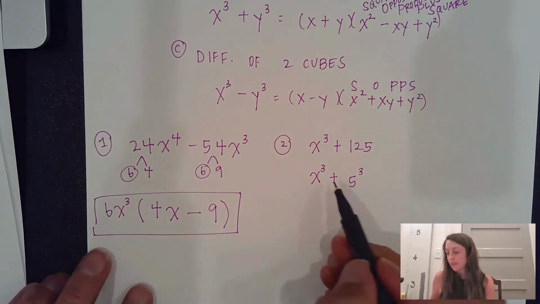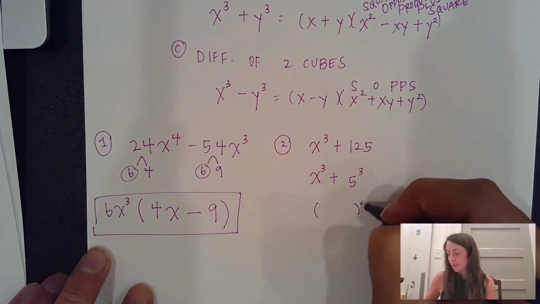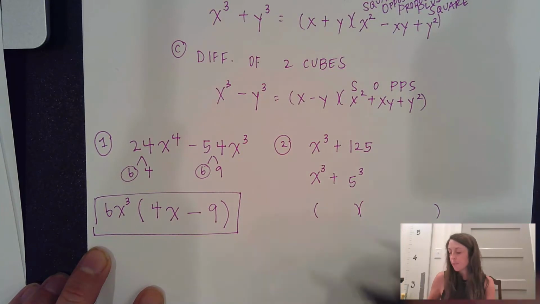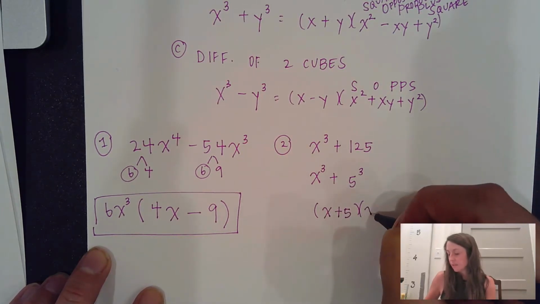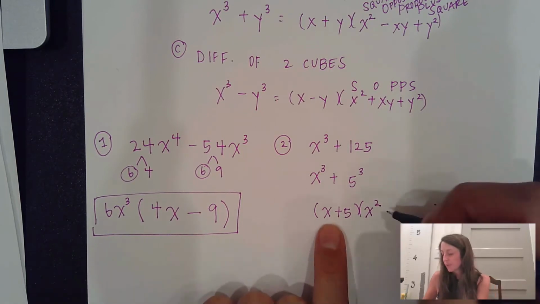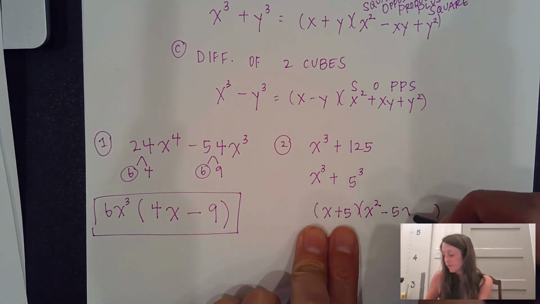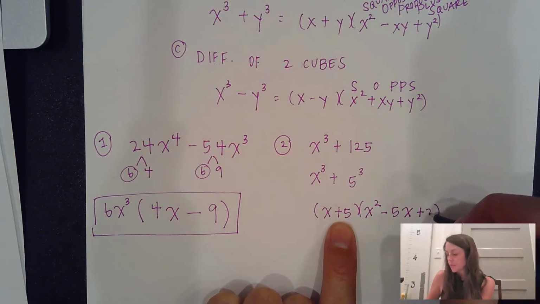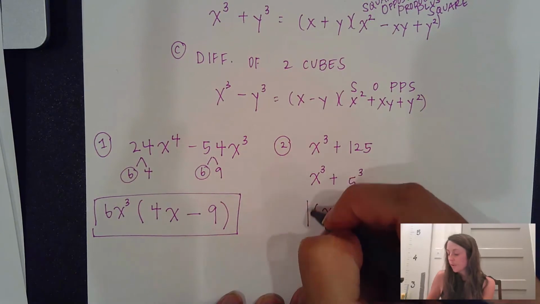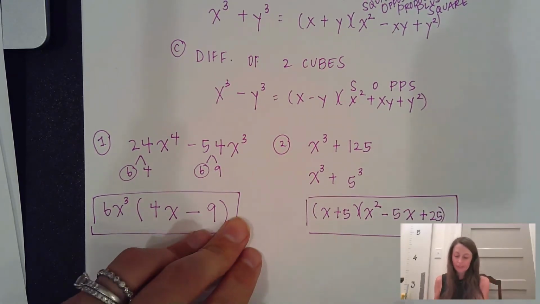So I've got the sum of two cubes, so I'm going to have a binomial times a trinomial. It's going to be x plus 5 times x squared, the opposite sign, the product of the two, always a plus sign, and then this 5 squared, which gives you 25. And you can always check your factoring by doing what? Multiplying everything back.